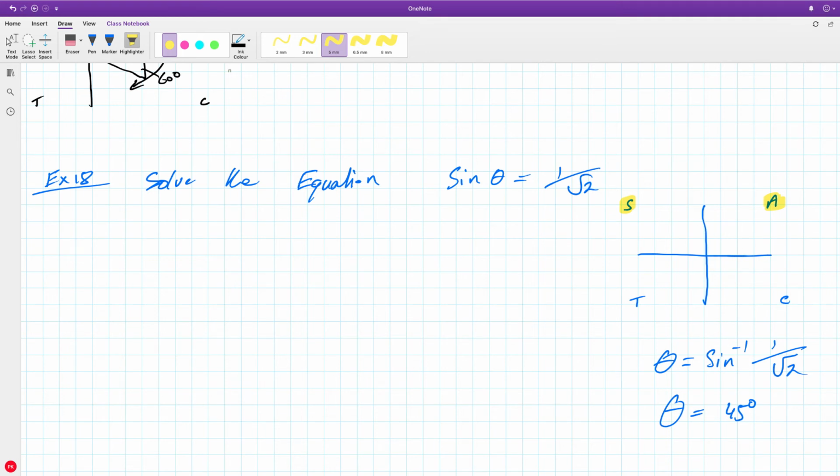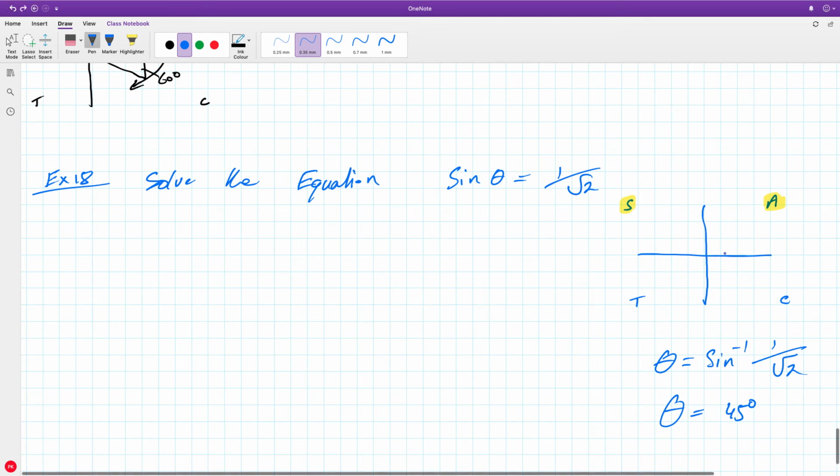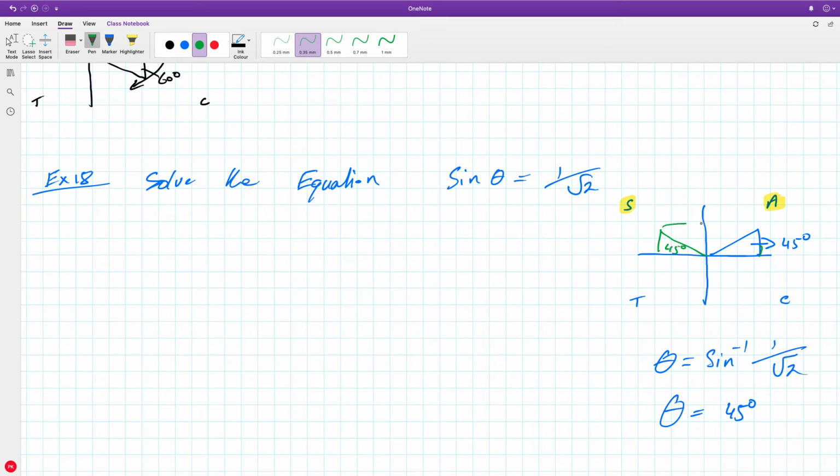So we got to get our 2 angles then out of that. In here, what's our angle going to be? 45 degrees. And then we also have a second one. What's it going to be? 45 off this, which is 135, exactly.